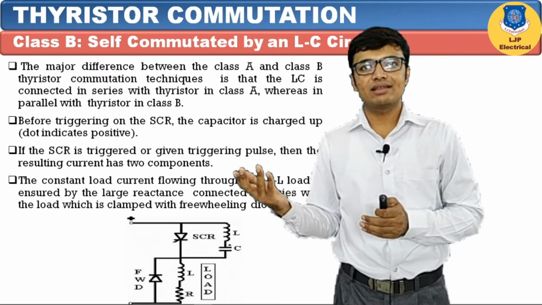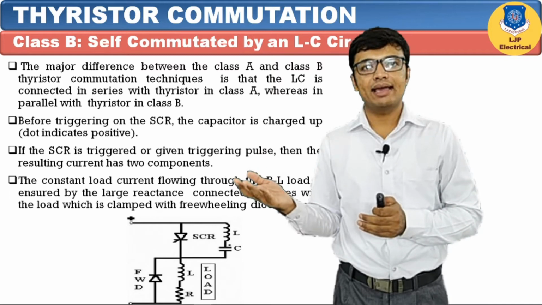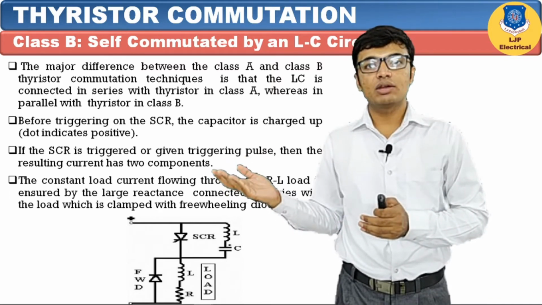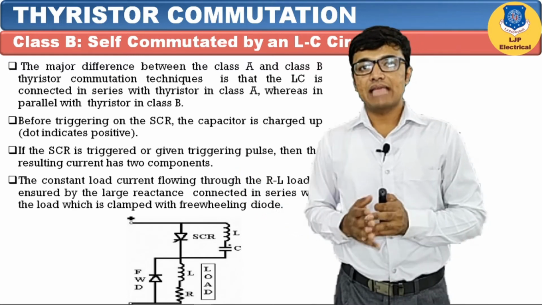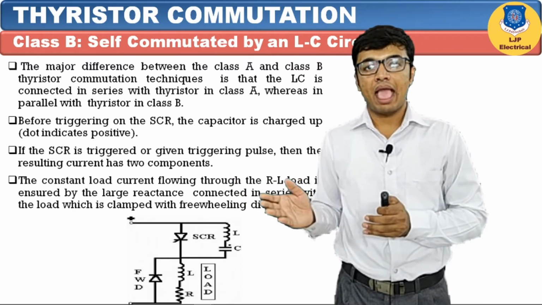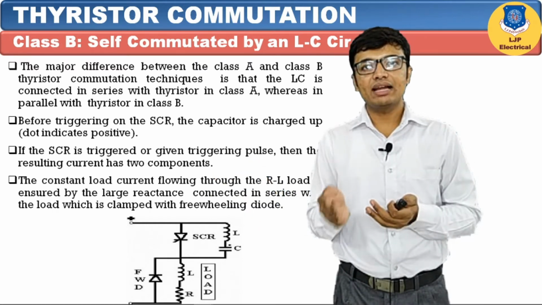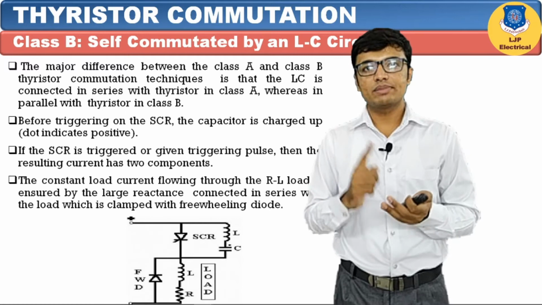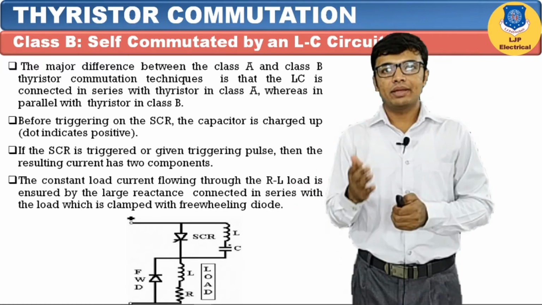During starting, if we have not triggered the SCR, this capacitor will be charged, and the upper plate of the capacitor will be charged up to the supply voltage. If we trigger the SCR, then this capacitor will discharge through this SCR. Simultaneously the supply will come across this SCR and the load. So the SCR will get current from two sources, the supply and the capacitor.